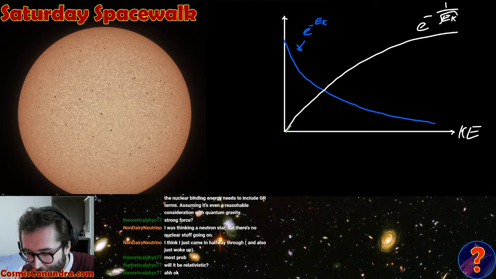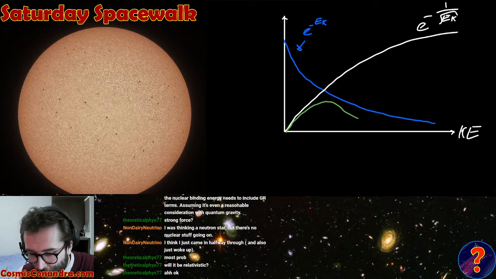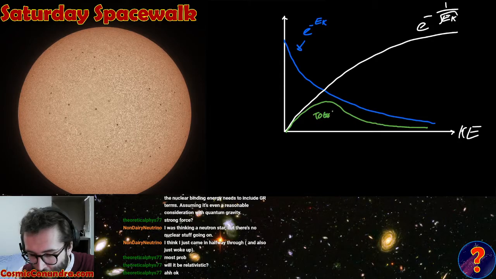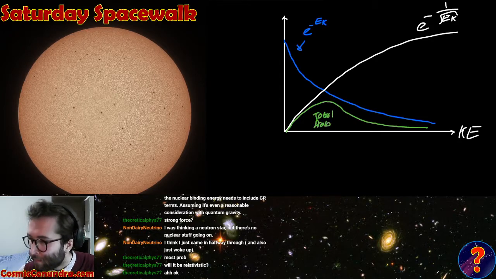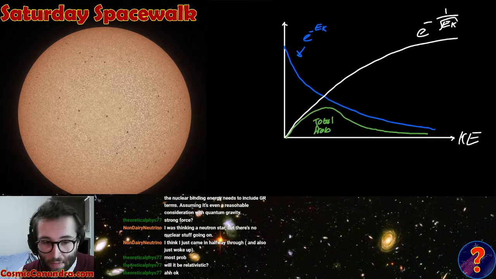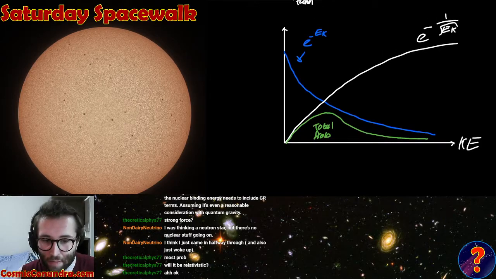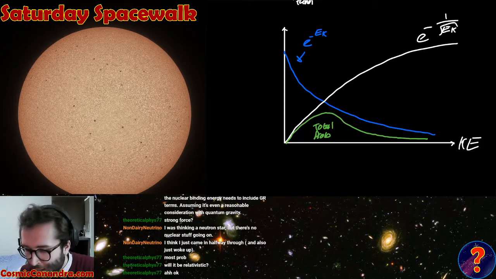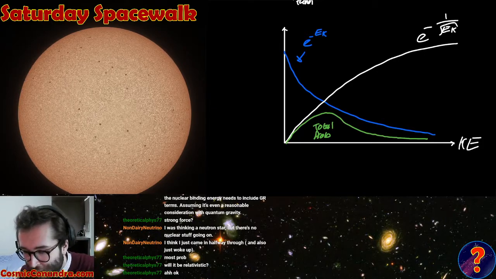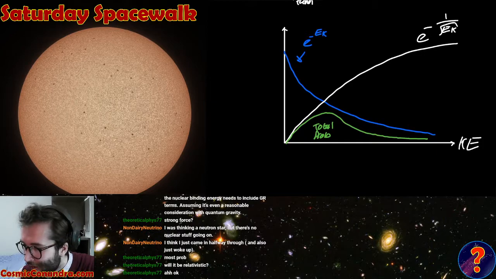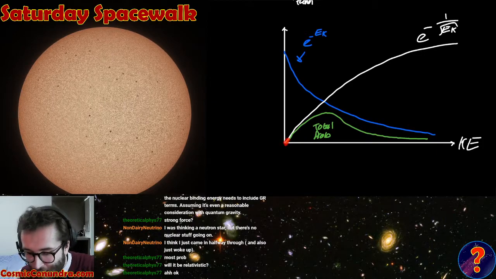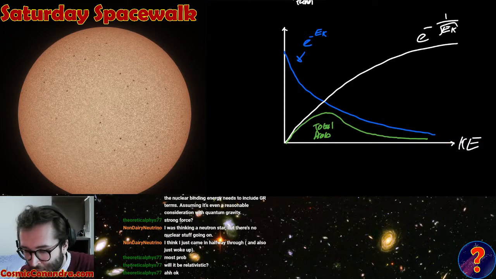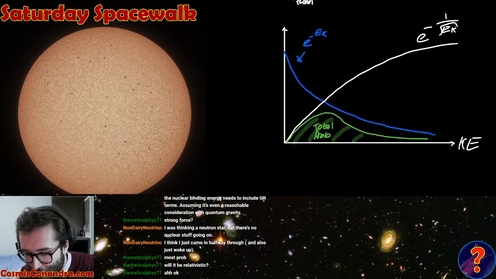And if you take the product of these two functions, you get this kind of shape here, which is the total probability that the nuclei will fuse, given they have a particular kinetic energy. And actually this effect will dominate, okay? So if you wanted to find the total probability for nuclei with kinetic energy between 0 and whatever maximum kinetic energy, you would just compute the area under this curve.